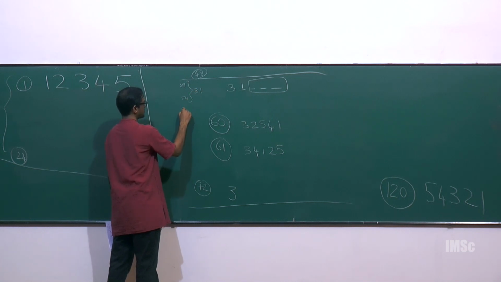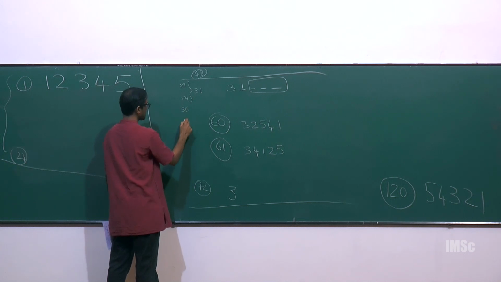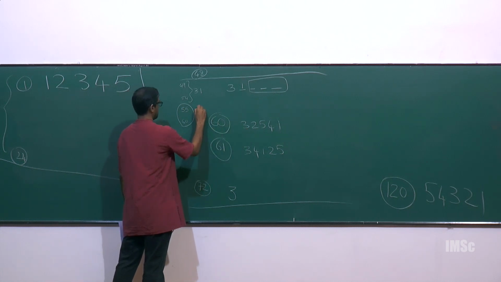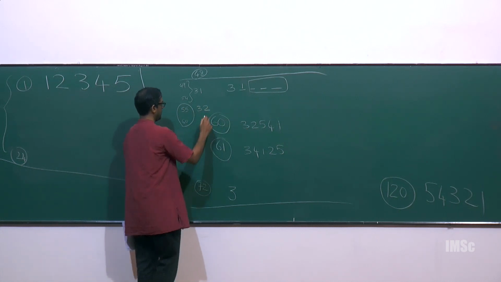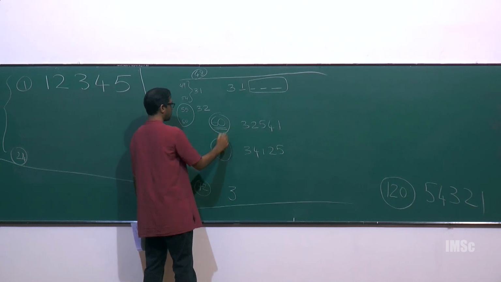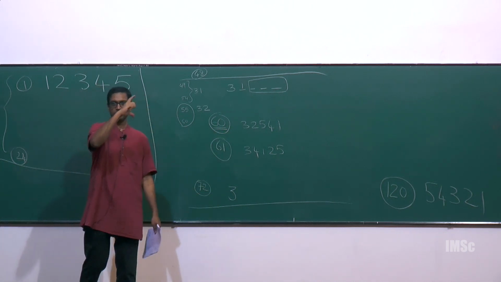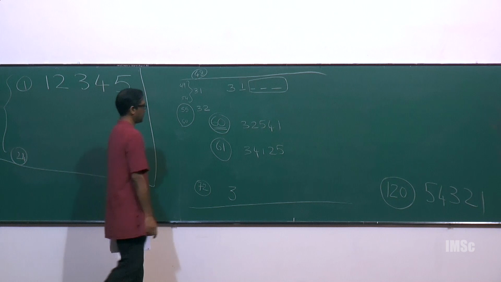Okay, and then the next set, from 55 to 60, will start with 3, 2. And we are asking for who is number 60. So it is the 6th one in that list. It's the last one.